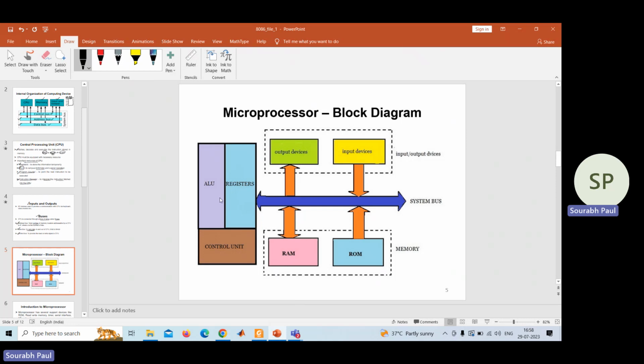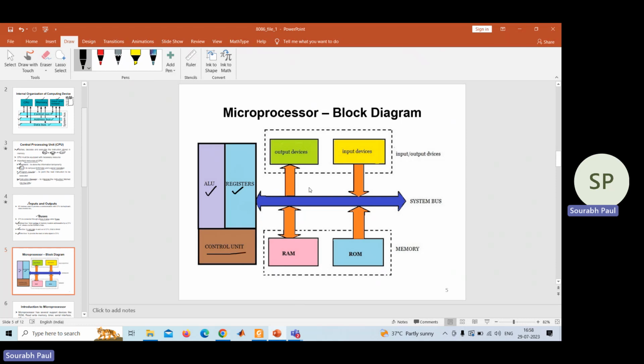This is the block diagram of a microprocessor. So what are the things there? Your processor contains ALU, arithmetic logic unit, as I already told. Then it has some registers which will be used for the temporary storage of data. And what is the purpose of ALU? To do arithmetic and logical operation. And some control unit will be there, which will control the entire operation.